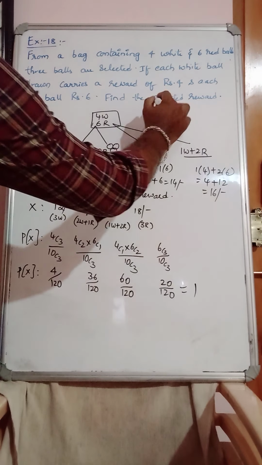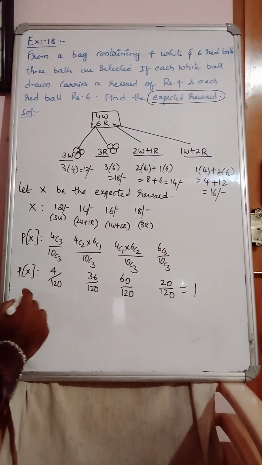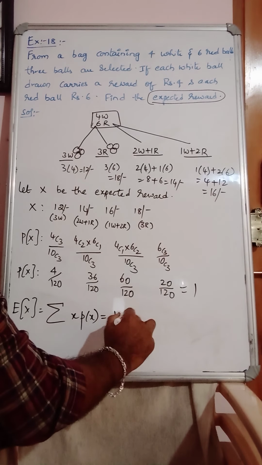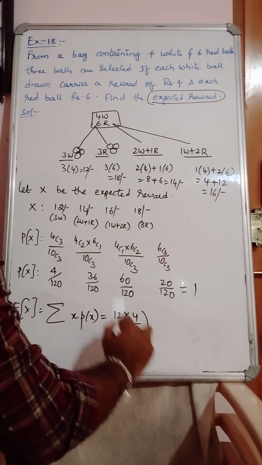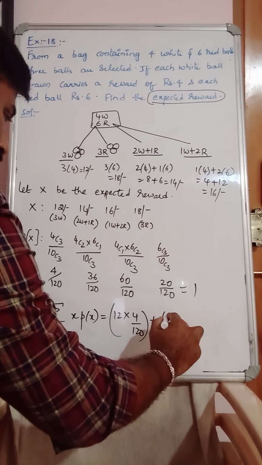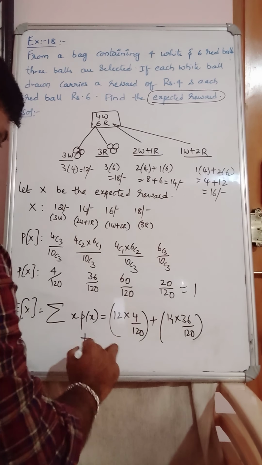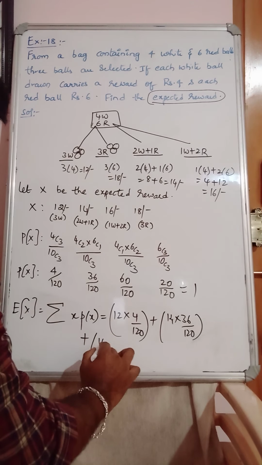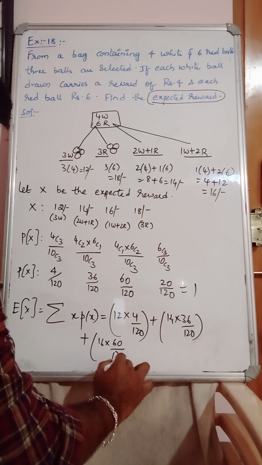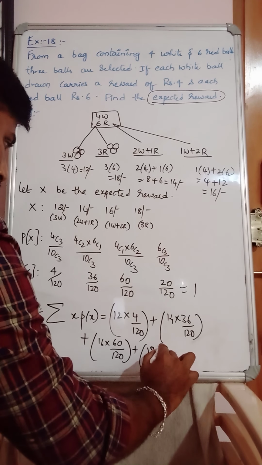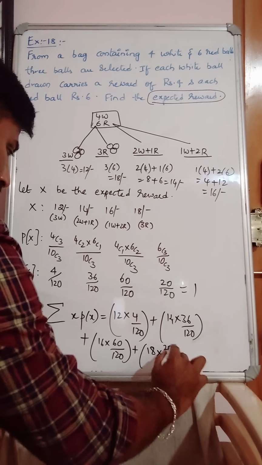So they are asking for the expected reward. Expected reward means the expectation of X, which is the sum of small x into p of x. That equals 12 into 4 by 120 plus 14 into 36 by 120 plus 16 into 60 by 120 plus 18 into 20 by 120.